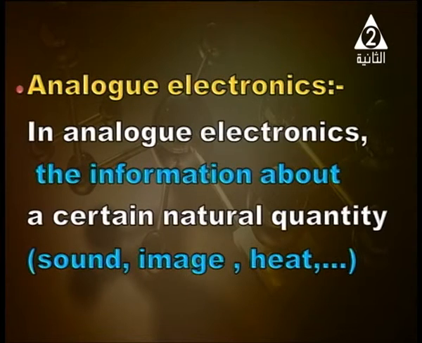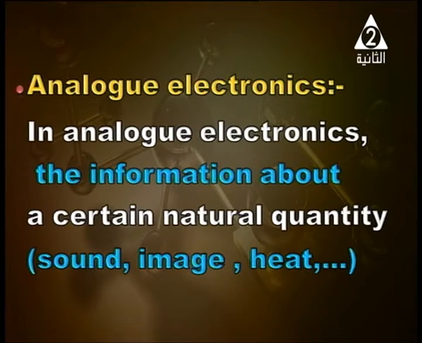In analog electronics, the information about a certain natural quantity, such as sound, image, or heat, is converted into changing current or voltage.